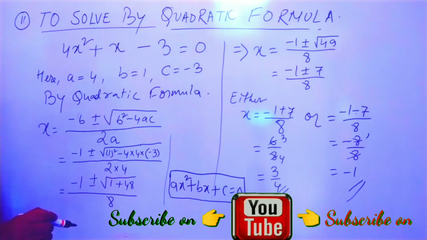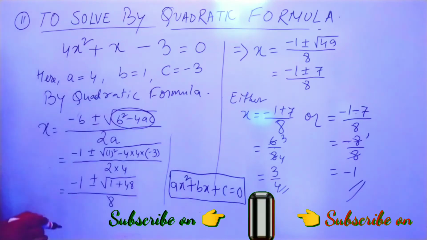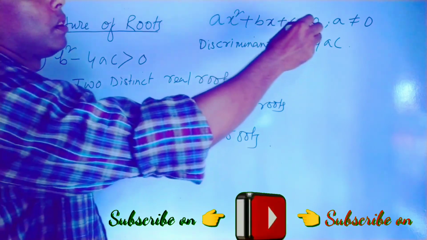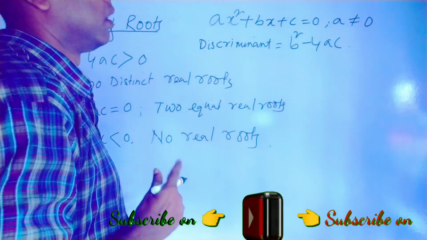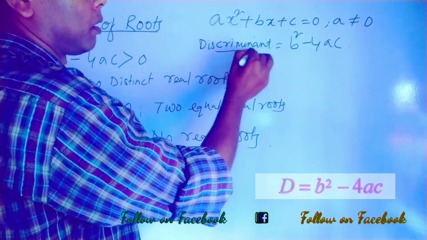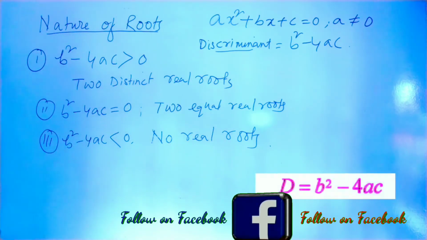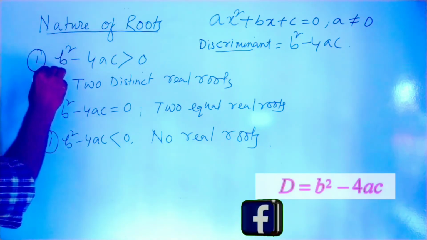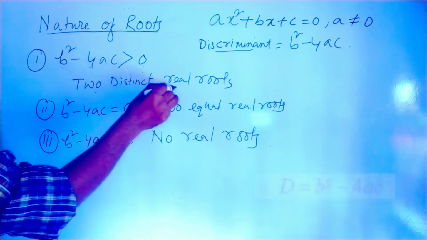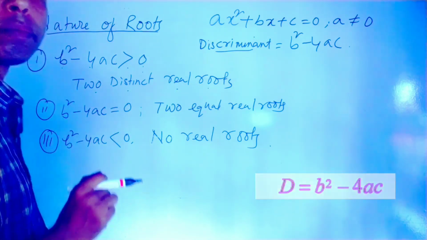Actually the total solution depends upon this b square minus 4ac. In a quadratic equation ax square plus bx plus c equal to 0, a not equal to 0, the value of x depends upon the discriminant, b square minus 4ac, or we can say the nature of the roots depends upon three conditions. If b square minus 4ac is greater than 0, then we have two distinct real roots.